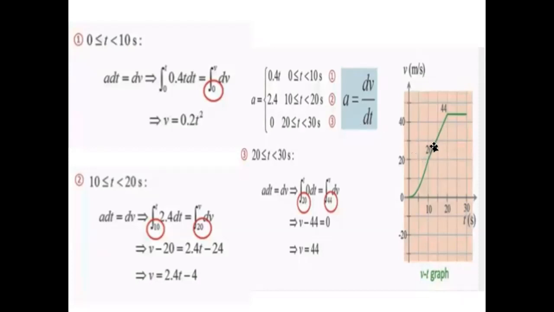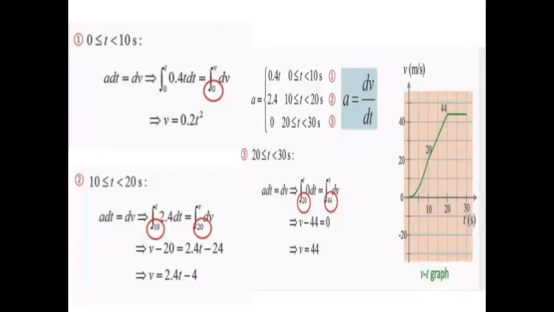Okay, we have 20 at time 10 seconds. Also, we calculate the velocity at the end of 20 seconds, and the velocity becomes 44 meters per second. This one is related to the 20 seconds.